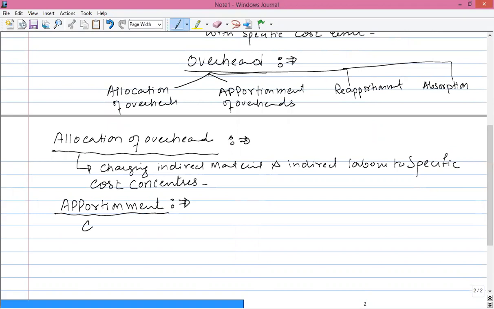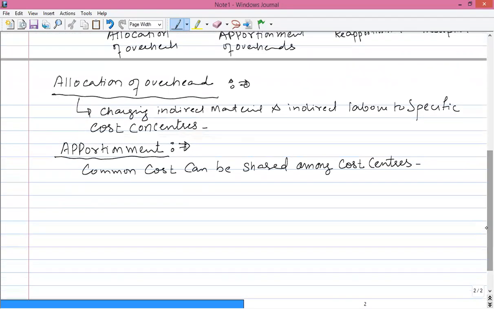Instead, these common costs can be shared among the different cost centers, that is the production cost centers and service cost centers, on the basis of who is getting more benefits out of it.